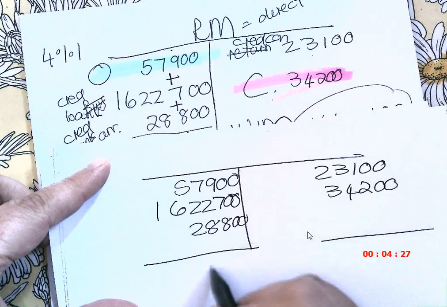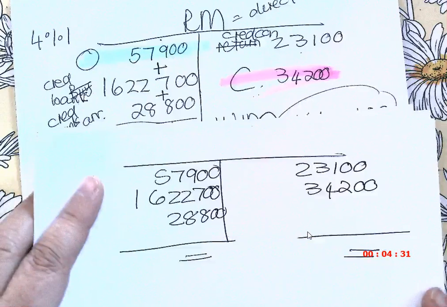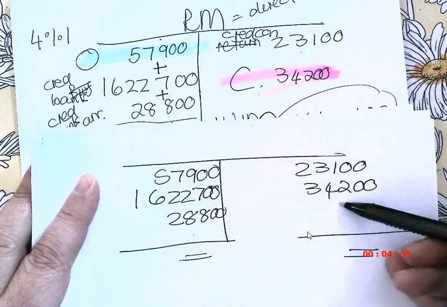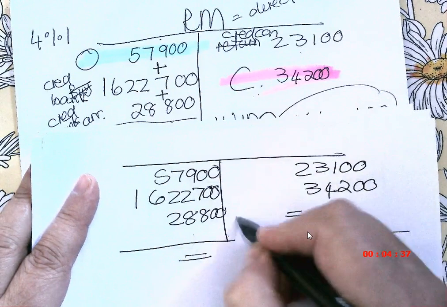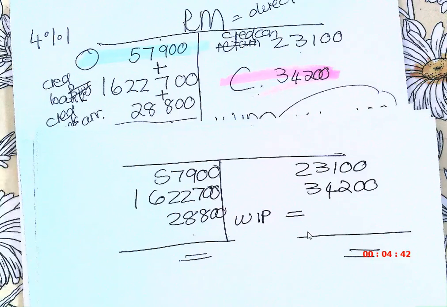Is that these two sides need to be equal. So, in order for it to be equal, I need to add this minus this, and it will be minus on the material that was used. And where was it used? It was used where we are making the product, meaning work in progress.